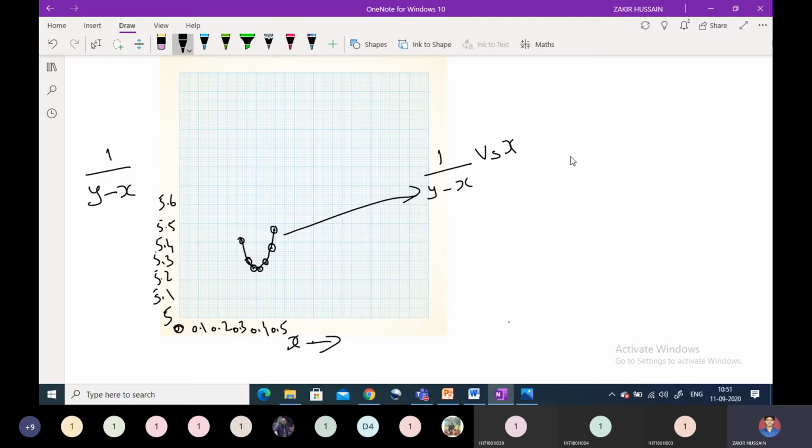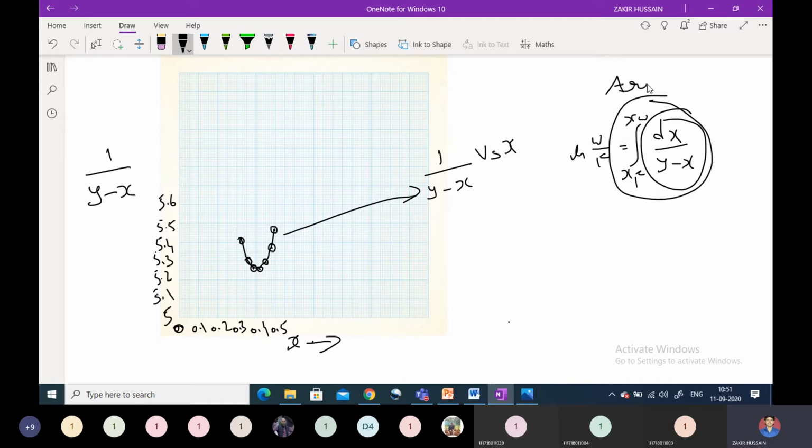In order to calculate ln(W by F), which is the integral from xF to xW of dx by (y minus x), we need to evaluate the area under the curve between xW and xF. xW in our problem is 0.33, so this region is xW. Then xF is 0.5.